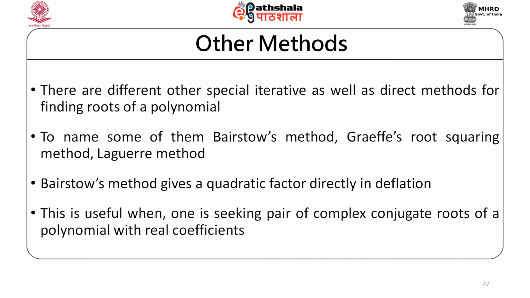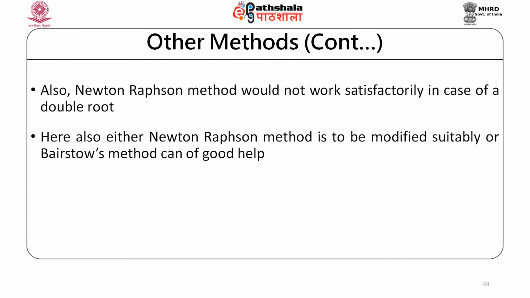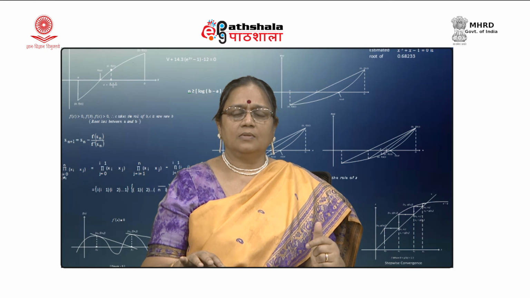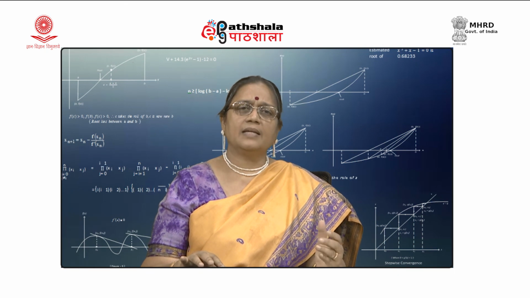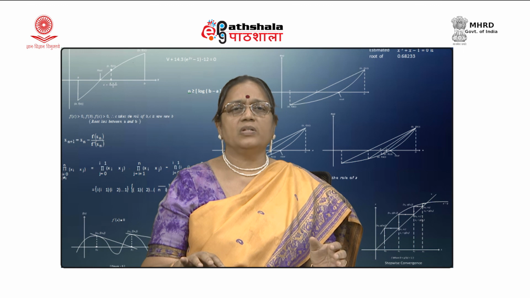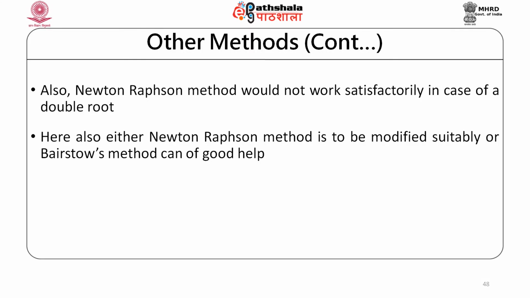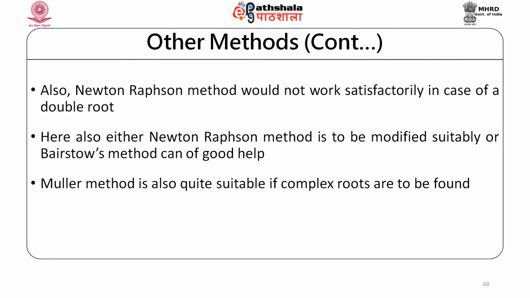The same formula, with z in that case, can be used to find the roots of a polynomial. If a root is of multiplicity more than 1, that is, if a root is occurring more than once, maybe twice or thrice, the Newton-Raphson method slows down. It has its pitfalls. In that case, there is a modification of the Newton-Raphson method which can be used to determine the roots of a polynomial.